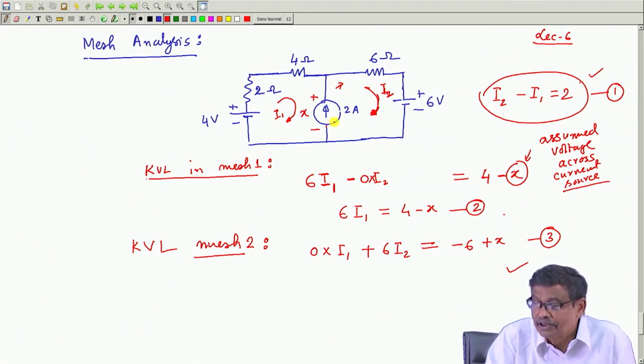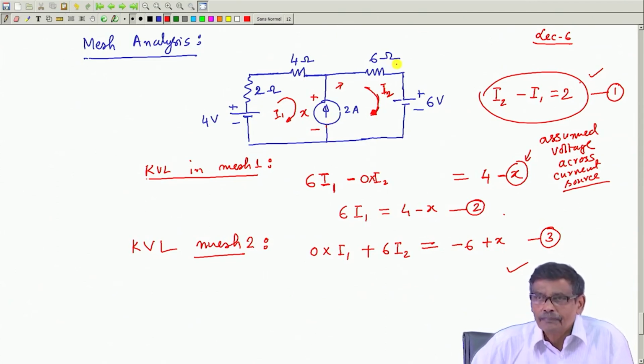But if this current source appears in the outer loop, then you really get advantage. Got the point? In any case, in normal thing, we say generally in mesh analysis, number of equations to be solved is equal to number of meshes.